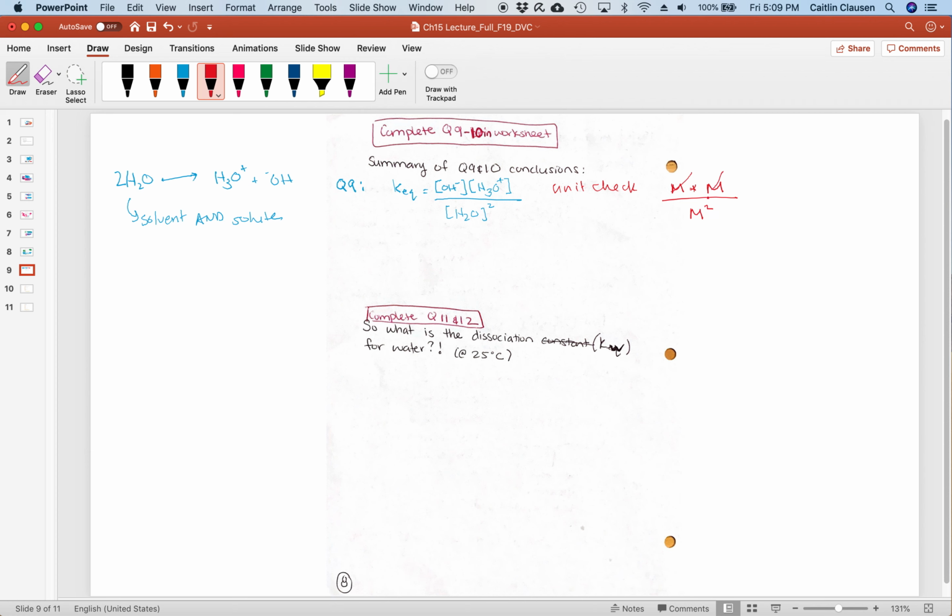And that shows me that these are all going to cancel out, and Kw, the equilibrium constant of water, is unitless. Auto dissociation of water.